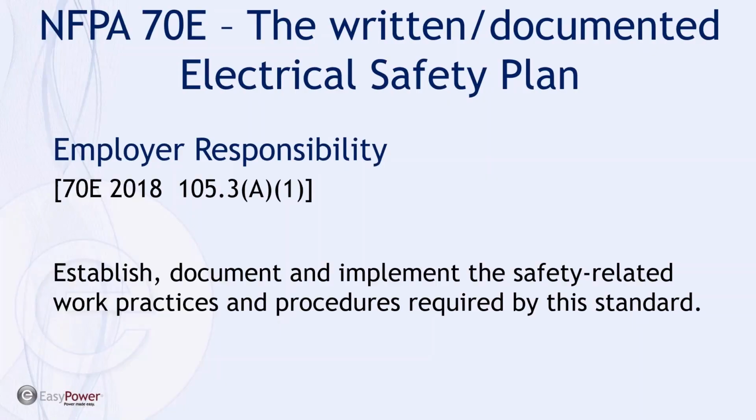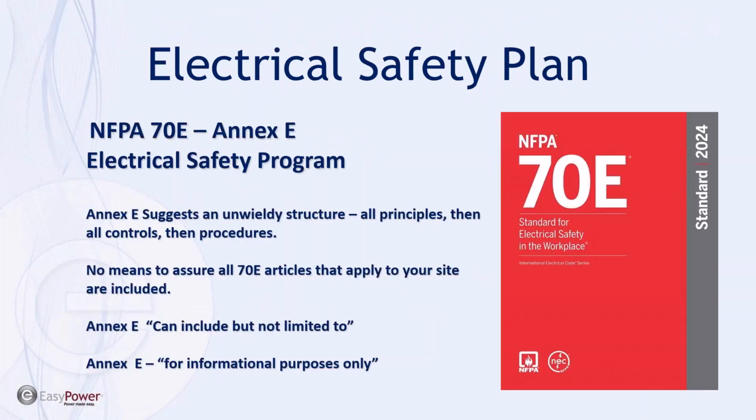Within that electrical safety program and the written documentation, the real push for that, as I see it, was the 2018 edition, where we talked about the electrical safety program, but clearly in 2018, with the reference to Article 105.3, the established, documented, and implemented safety-related work practices really put it forth to be a written or documented plan as being really one of the emphases on that.